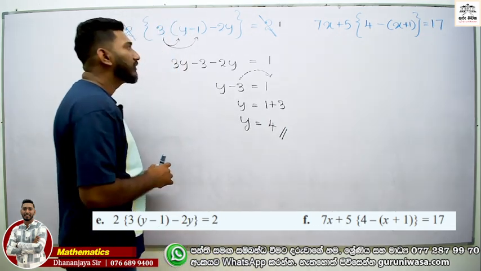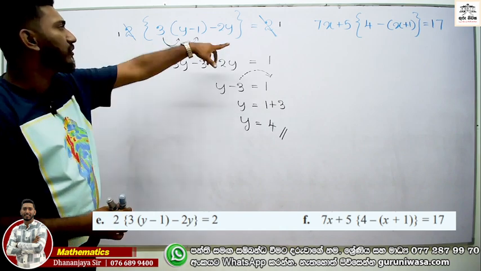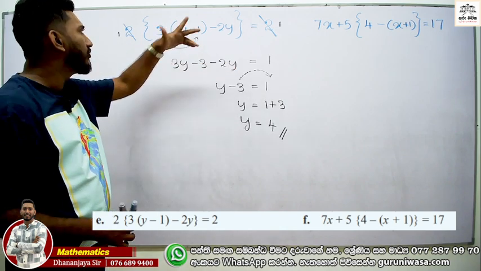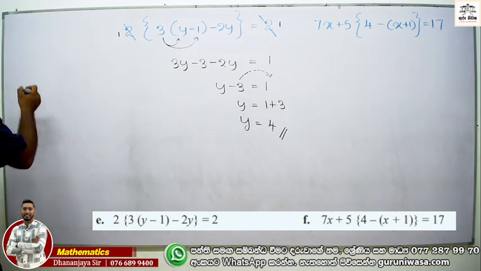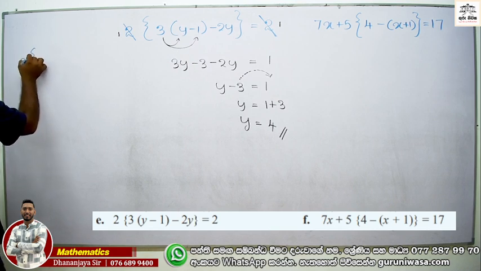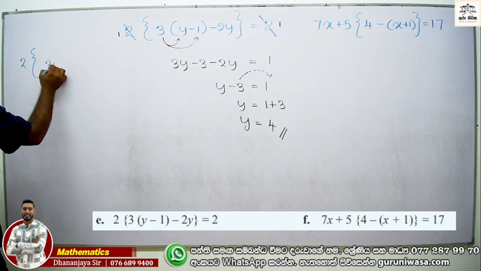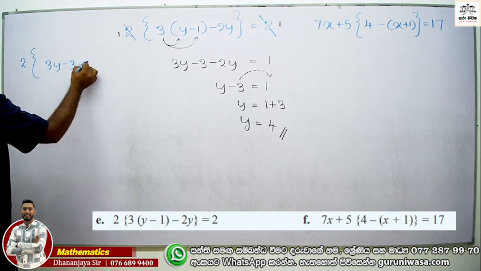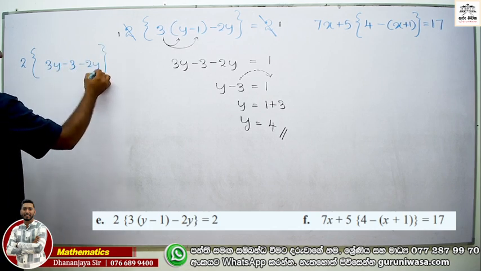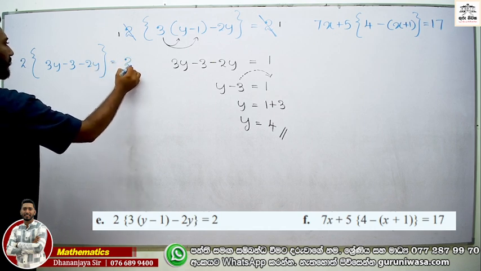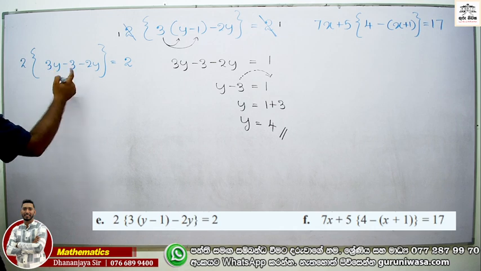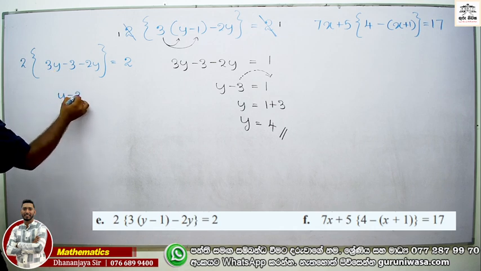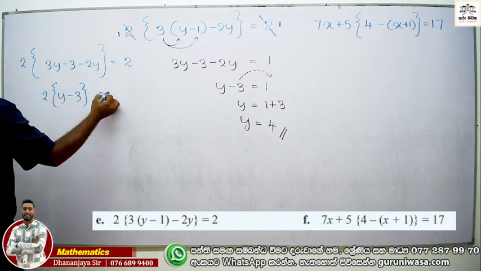Then let's see how to do it without simplifying the 2 and 2. Let's see what happens. Now look: 2 into the 3y minus 3 minus 2y, and close the curly bracket, equals 2. Now 3y and minus 2y is y, minus 3, curly bracket, and 2 equals 2.